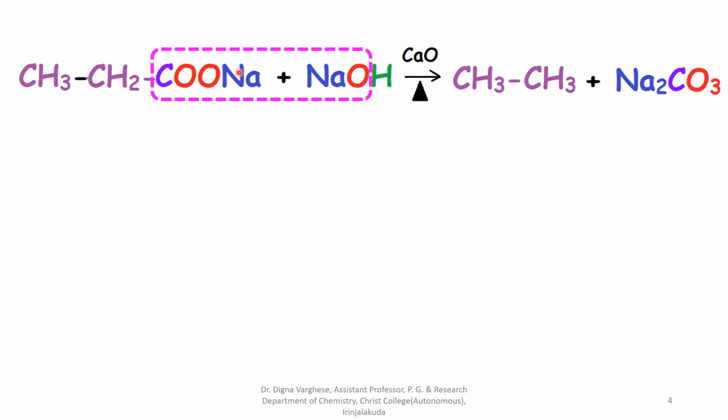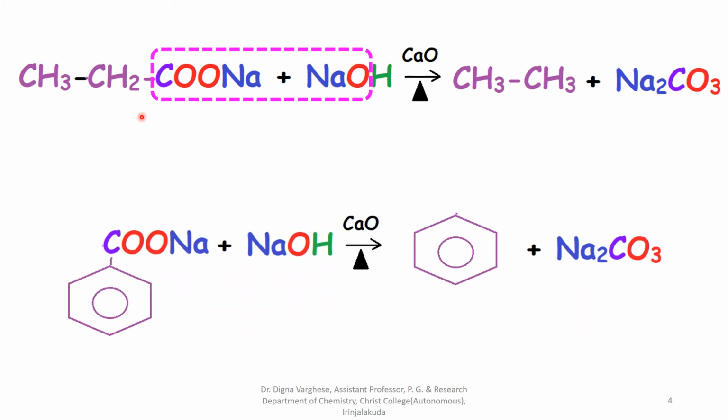Upon heating with dry soda lime, the corresponding sodium carboxylate eliminates one carbon dioxide from the molecule, forming an alkane which is one carbon atom less than the parent carboxylic acid or carboxylate ion. So, in effect, the reaction involves the removal of a molecule of carbon dioxide from the carboxyl group of the acid, which is known as a decarboxylation reaction.